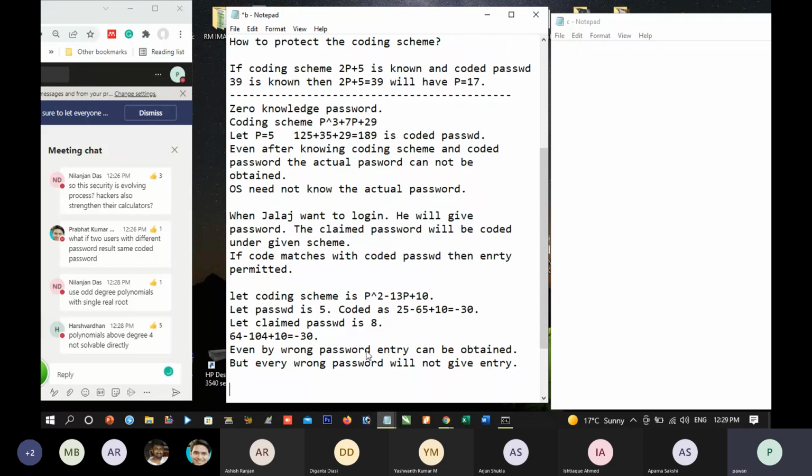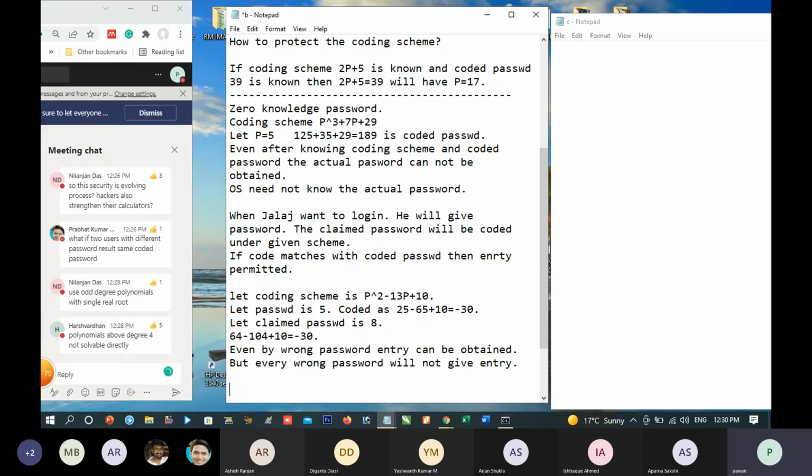So the problem is solved. We make a coding scheme where inversion is not possible. Is this all right to you? Is it clear to you? Yes, Harshvardhan, you are correct. Very few passwords will be there.